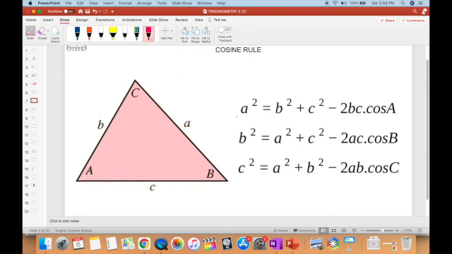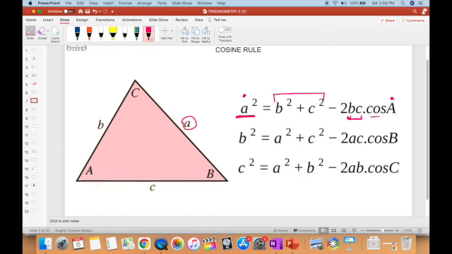If you want to find one side, right? Like let me just say you want to find the side A. Then you'll add the squares of the other two sides, minus 2 multiplied by the other two sides, then multiply by the cos of the angle of the side you want to find.